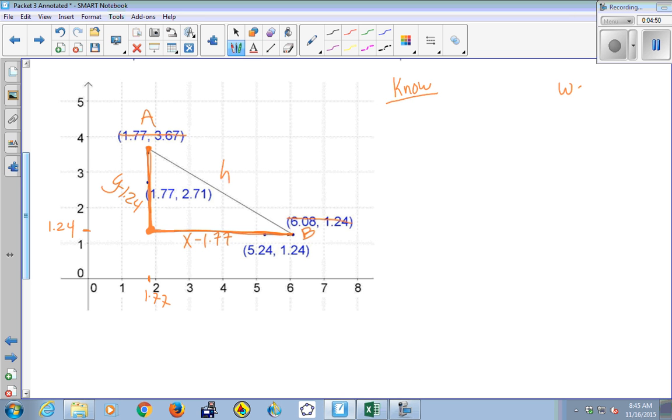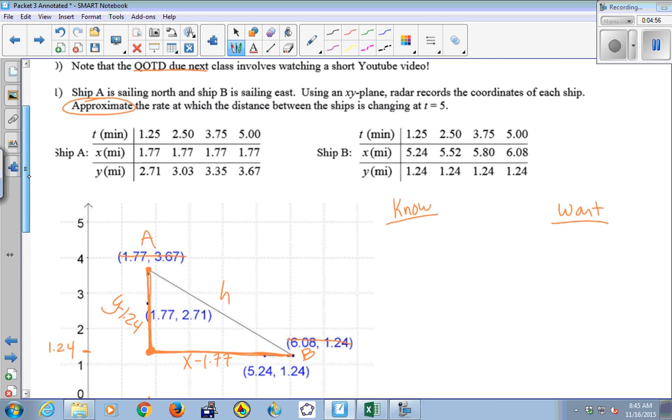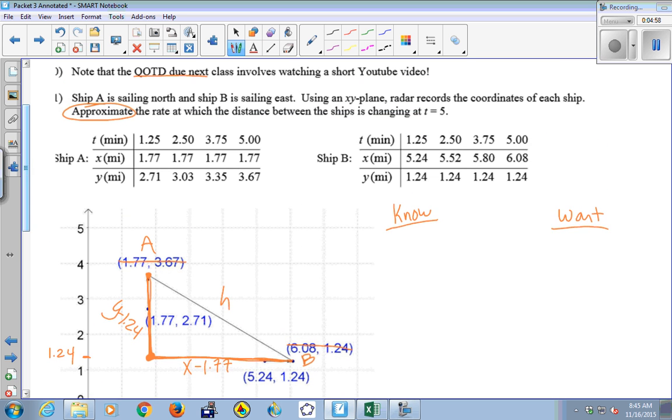What do we want? What we want is easier in this question. What we know is a little tougher. But what we want is the rate at which the distance between the ships is changing at t equals 5. So how can I express the rate at which the distance between the ships is changing? dh/dt. So I want dh/dt when t is 5. Good.